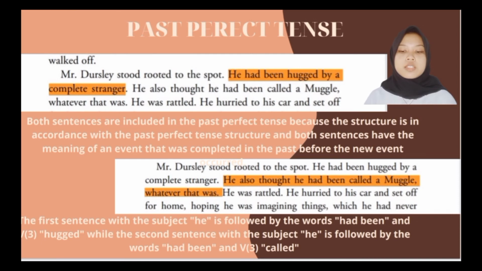The first sentence has the subject he followed by the words had been and verb 3 hugged, while the second sentence has the subject he followed by the words had been and verb 3 called.